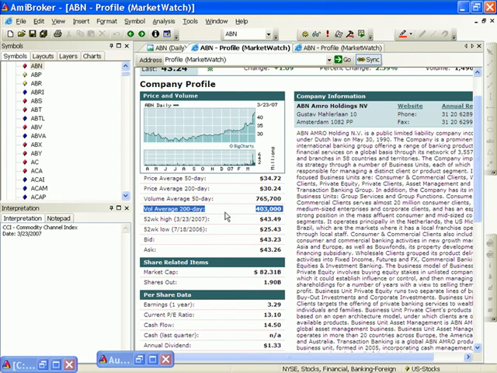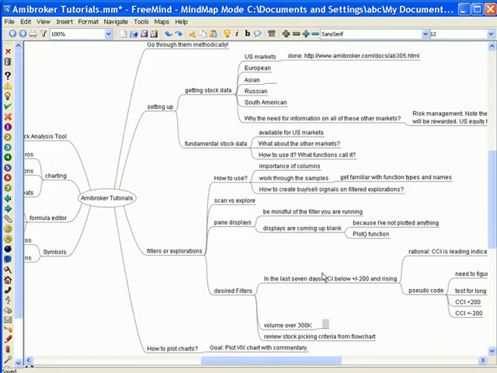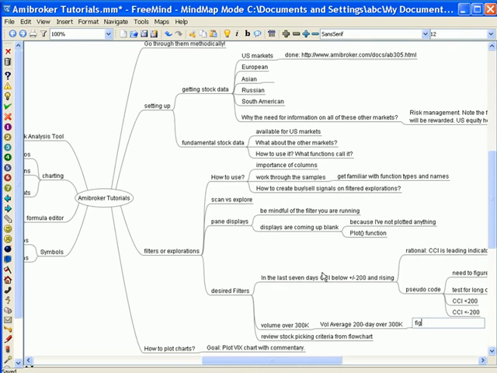Okay, I have to try that again. Copy. F2 to insert. Control V. There we go. Okay, volume average. I want the volume average to be over 300K. So I have to figure out the pseudocode for that. Figure out the code.